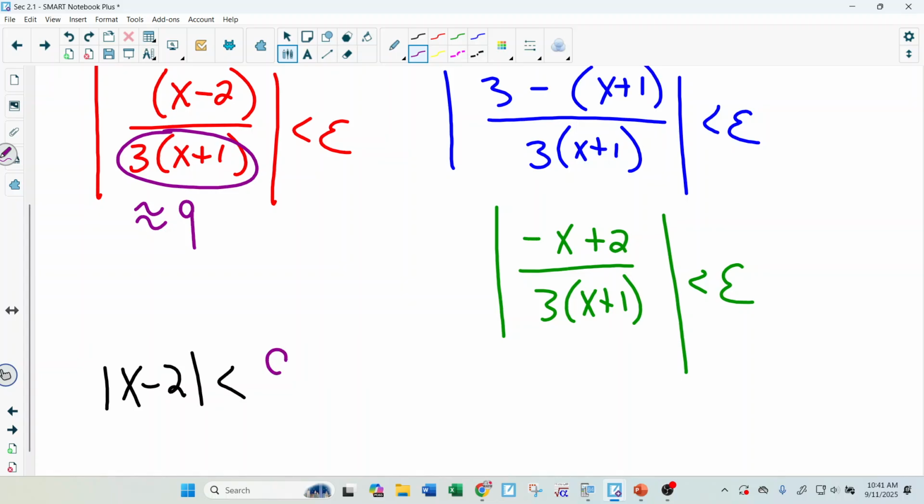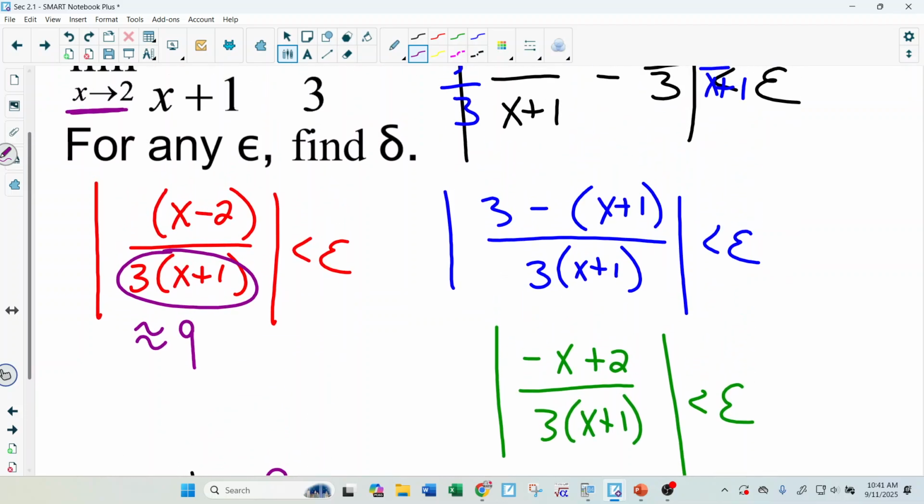Now, we want to find this over here. So if we just multiply by 9, we don't know. This could be 2. Couldn't a number close to 2 be 2.1? And if it was 2.1, wouldn't that be bigger than 9? Do we follow that if I put 2.1 in there? 2.1 plus 1 would be 3.1 times 3 would be 9.3, right? Does that make sense? It'd be bigger.